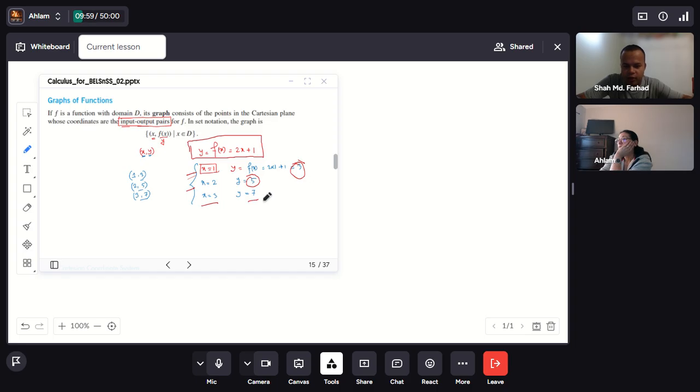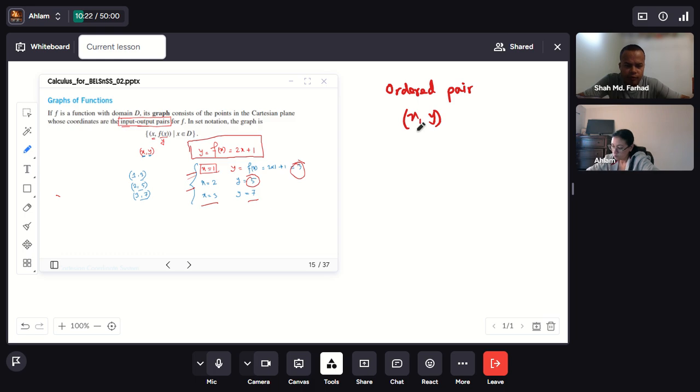So if we write the values in an ordered pair form, that is called an ordered pair. Here the form is x comma y.